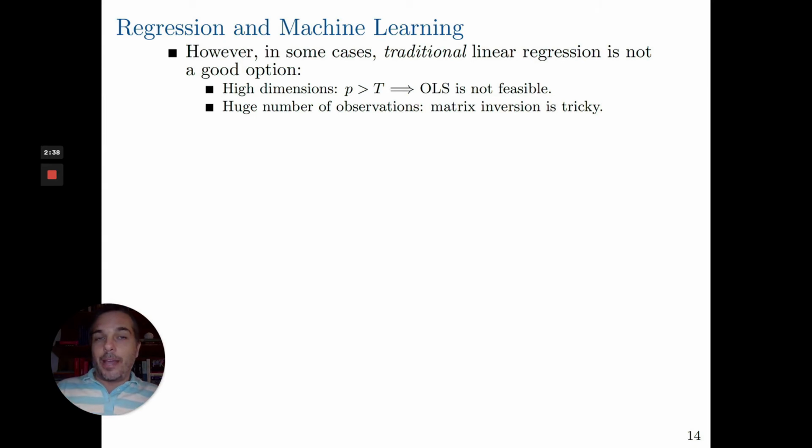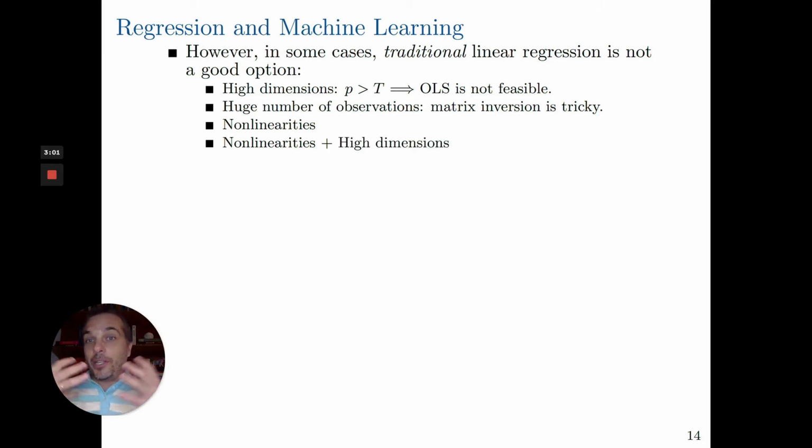Even if we have p less than t, but we have a huge number of observations, matrix inversion is tricky. So that (x prime x) inverse is a tricky quantity to compute. In case of nonlinearities, it is also a problem for traditional linear regression. Nonlinearities and high dimensions is an even bigger problem, as I already mentioned.